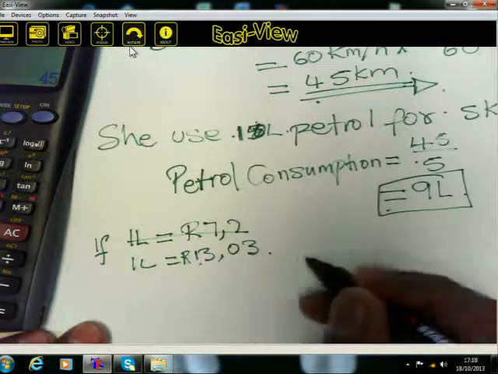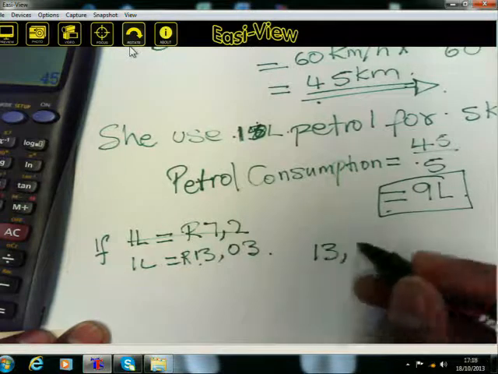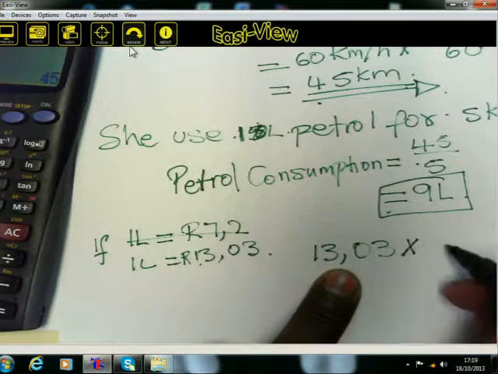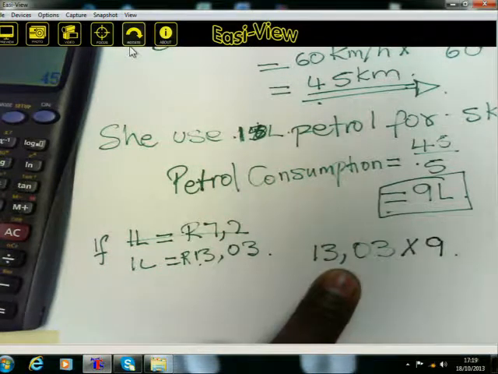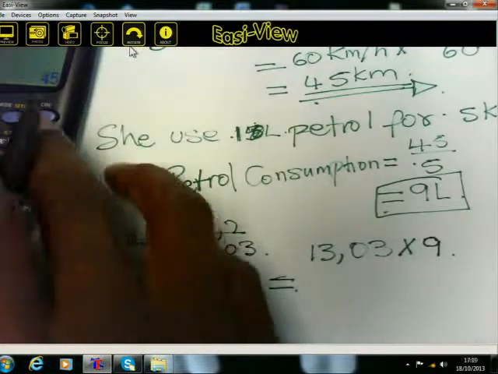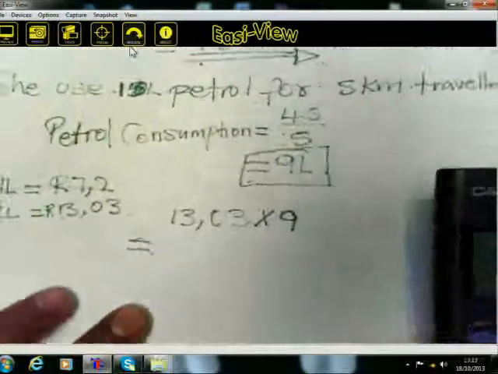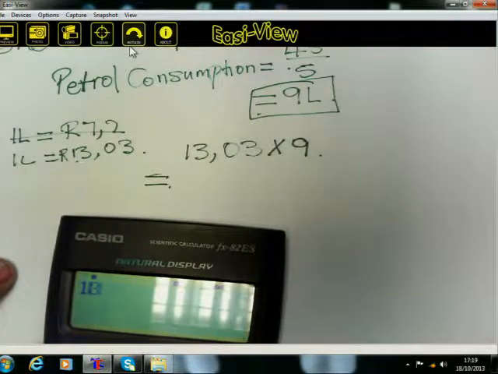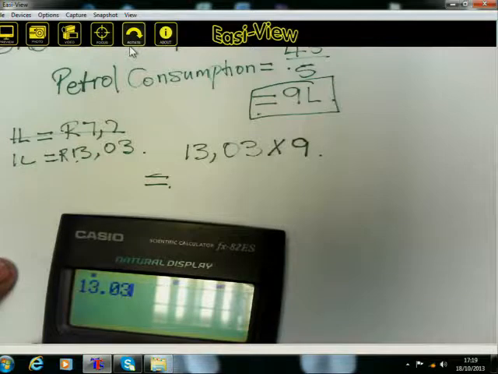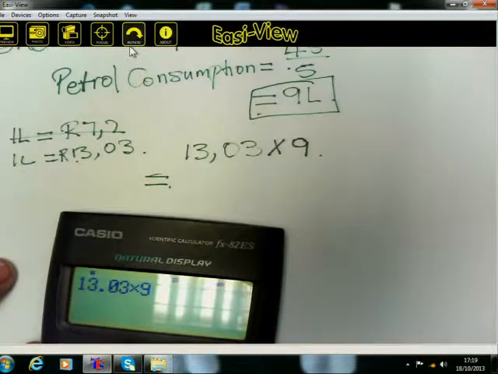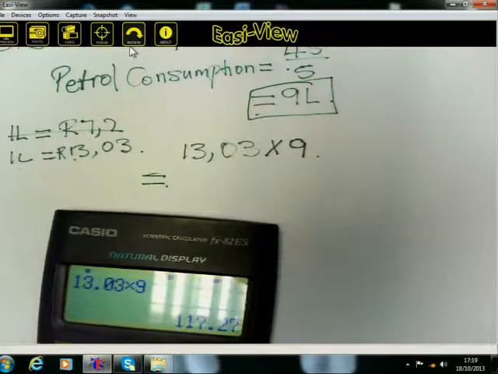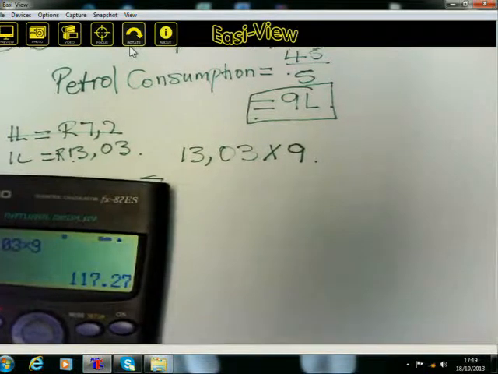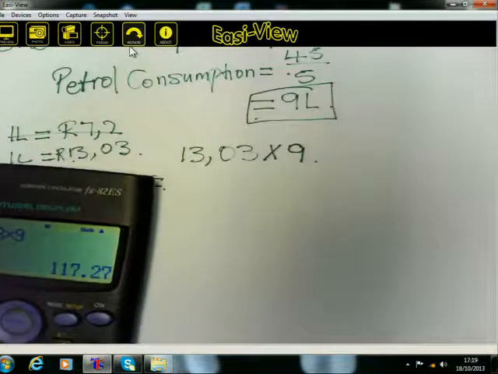Therefore, we are going to say 13.03 multiplied by 9 equals 117.27.